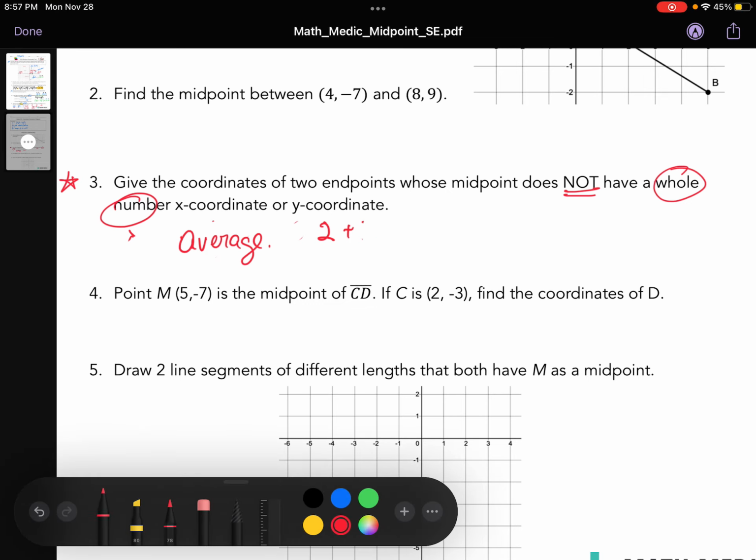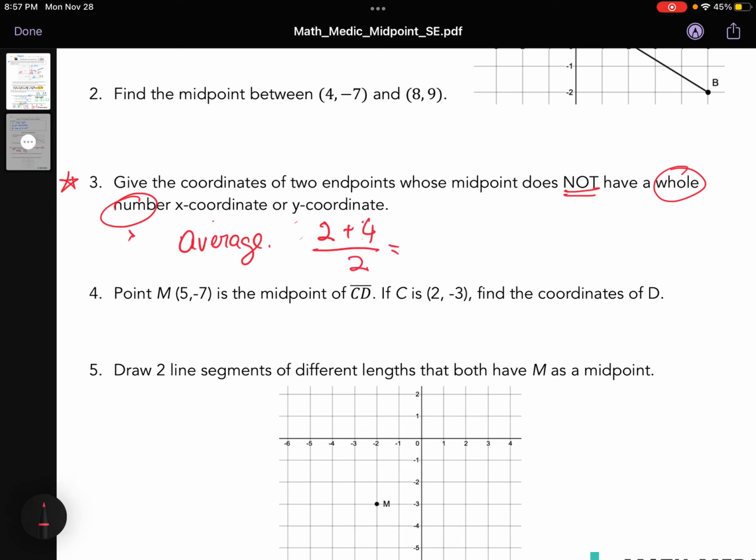Well, 2 plus 4 divided by 2 will give you 3. That's a whole number. How about an odd and even number? You get 2 plus 3 divided by 2, which will give you 2.5. Aha. That is my hint.